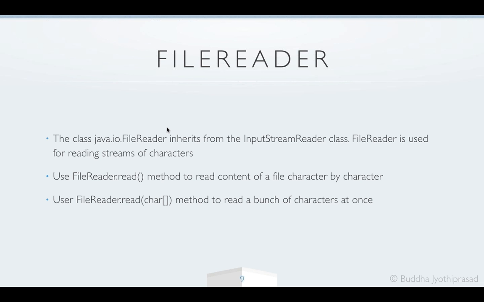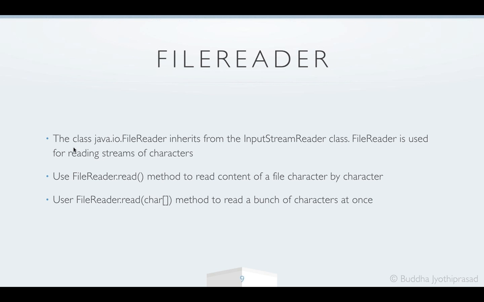When we are using an input stream reader, we are reading the file as bytes. We don't know whether that file contains individual characters or anything. All we know is that even the individual characters can be converted to bytes, right? So we'll be considering that file as a series of bytes rather than a series of characters.